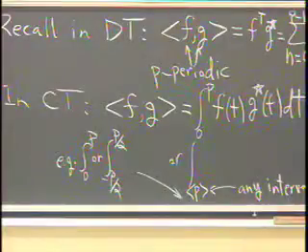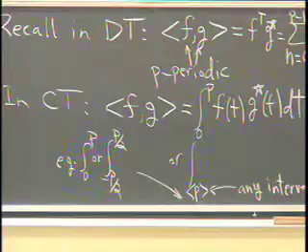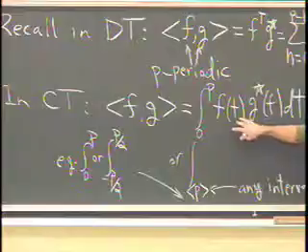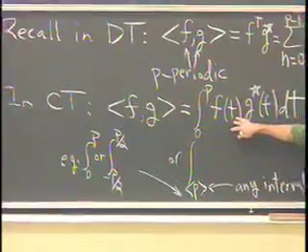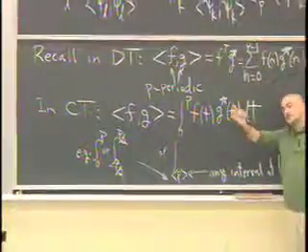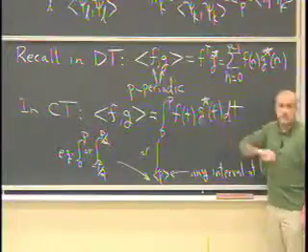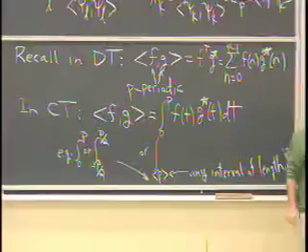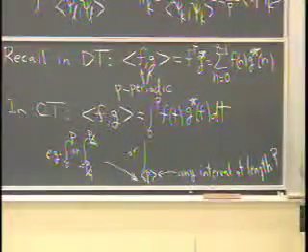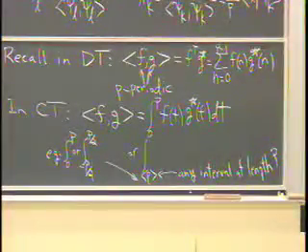So it's this definition of inner product. Notice we started with what you knew from high school about dot products of vectors. Then we generalized it to continuous valued vectors, then to functions, and now to continuous time functions that are periodic. And then you can go to non-periodic functions.